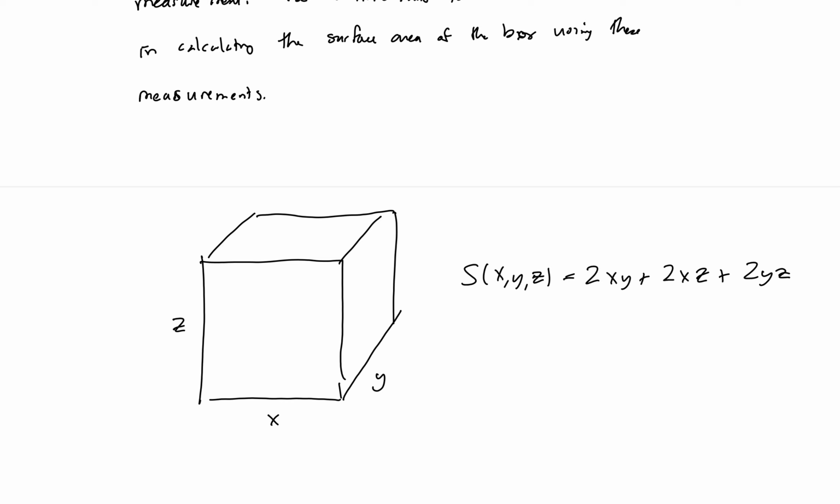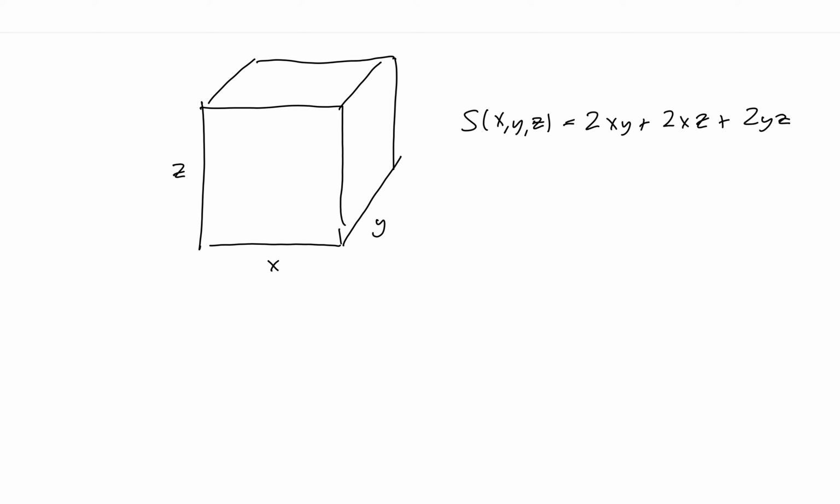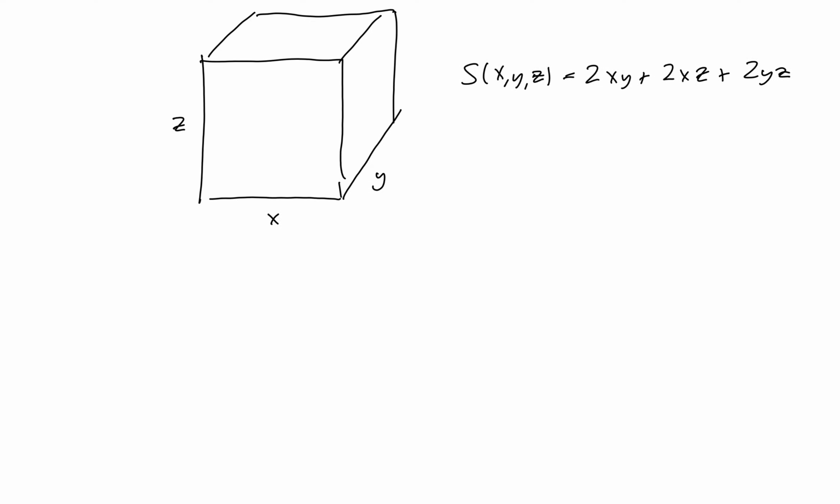And now this is a little different because we have more variables. So we couldn't draw the differentials out with 3 variables, but the formula is going to be the same idea. So my differential here is S sub x dx plus S sub y dy plus S sub z dz.